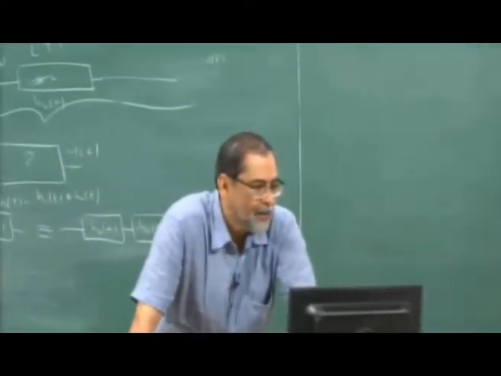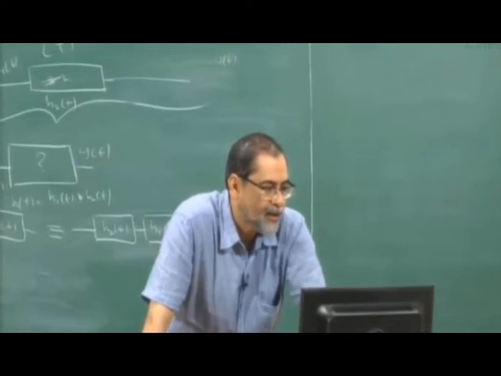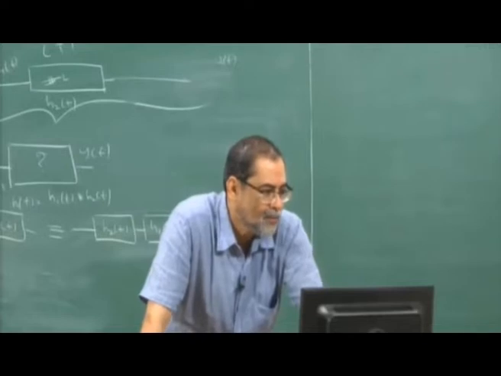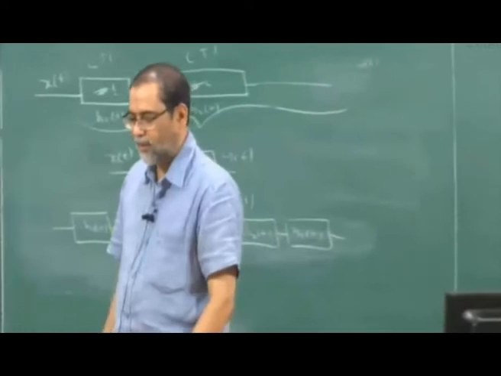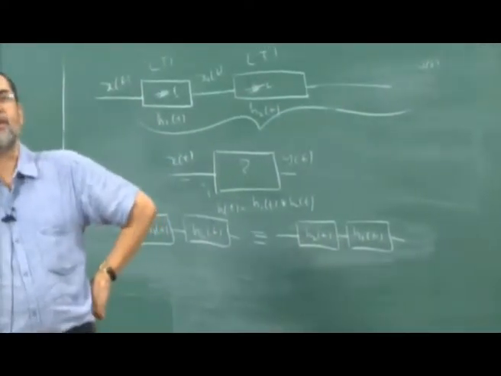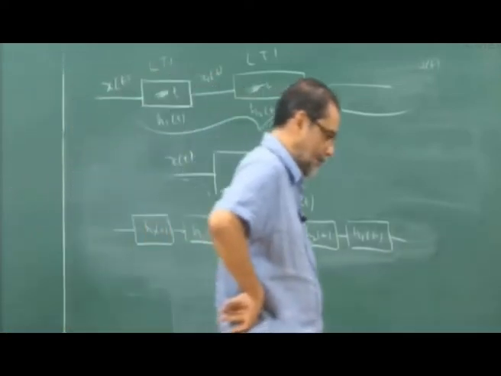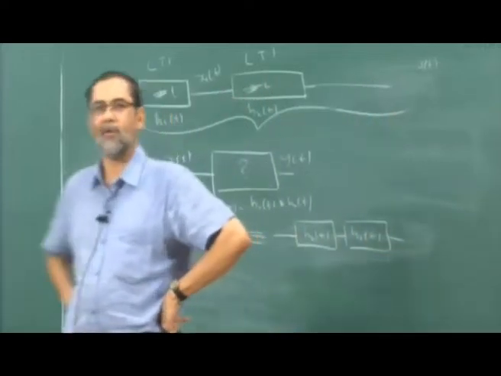This is from PECTN. The question is, if h of t is a complex exponential, what about stability of the system? Okay, so this is very similar to the previous question, which was if h of t is u of t. I didn't say whether u of t is absolutely integrable or not.